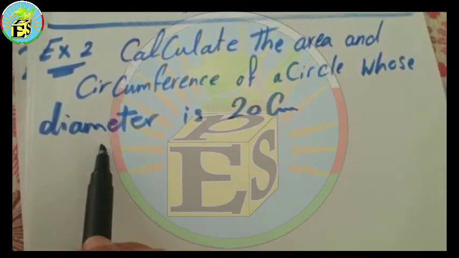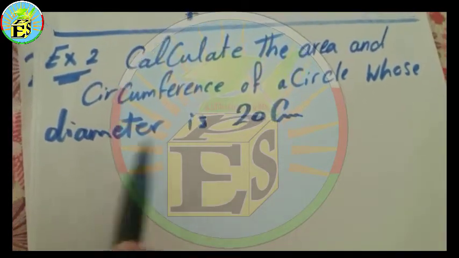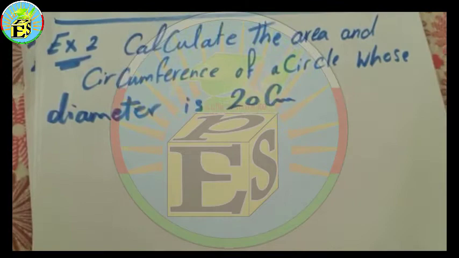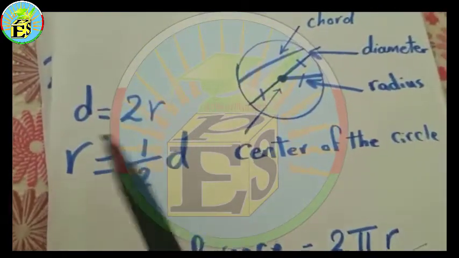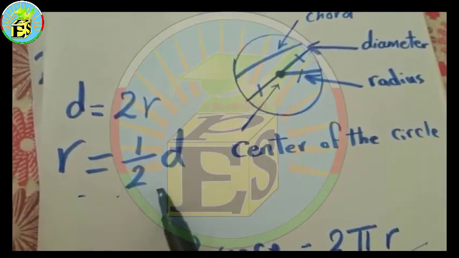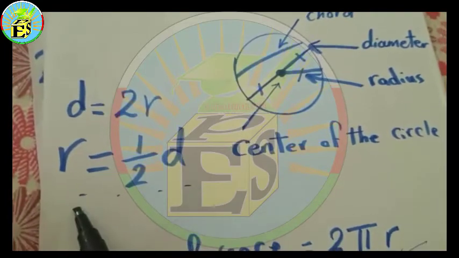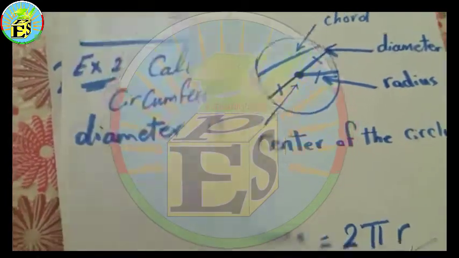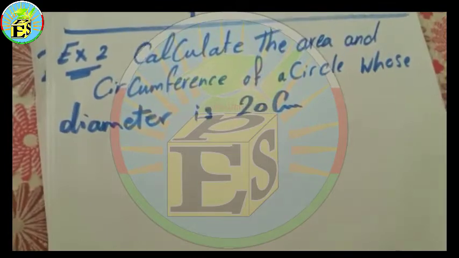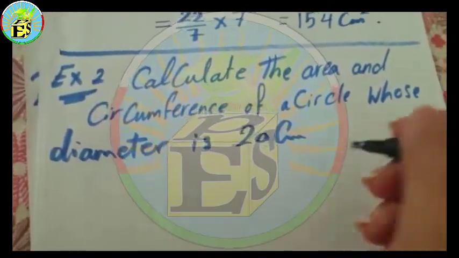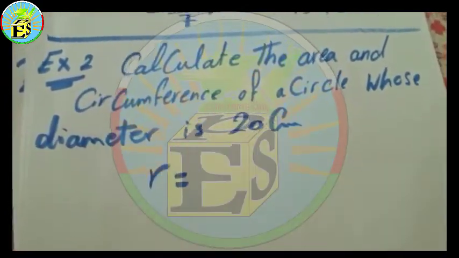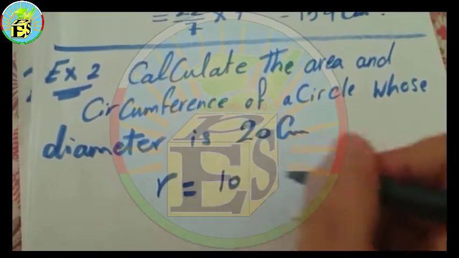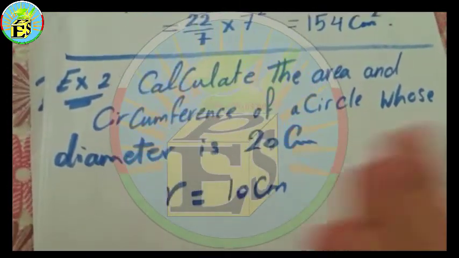Here he doesn't give you the radius, he gives you the diameter. How can I get the radius? As I told you in the beginning, radius is half diameter. So if the diameter equals 20 centimeters, the radius will be 10 centimeters, the half.